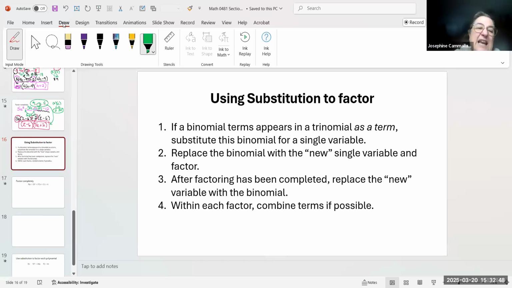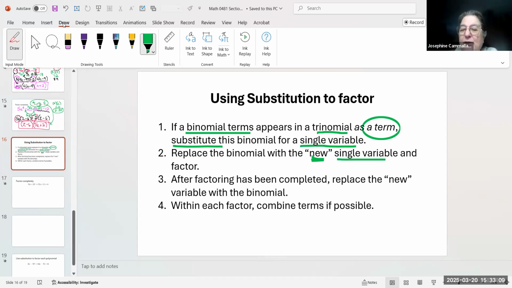This is saying if a binomial term appears in a trinomial as a term, we're going to do something called substitute. And we're going to take that binomial and give it a new letter, a new single variable.